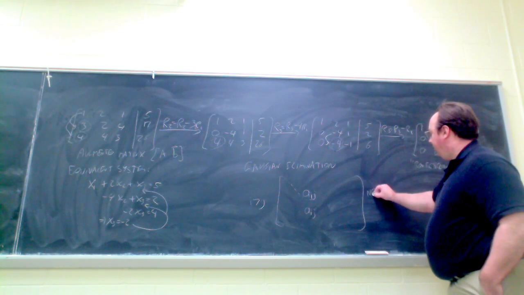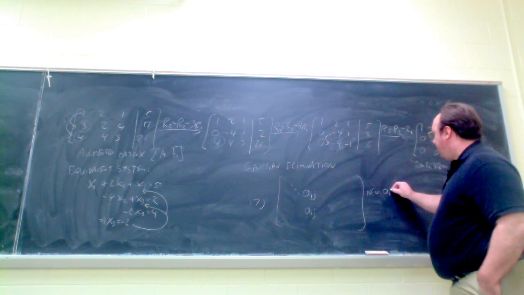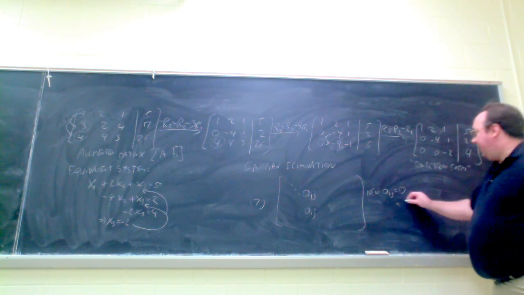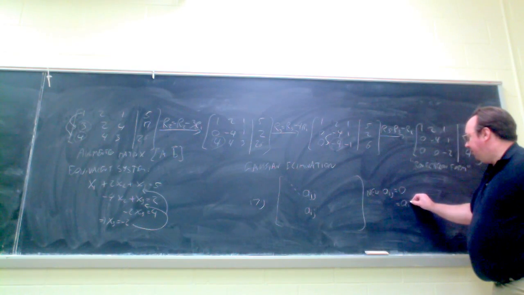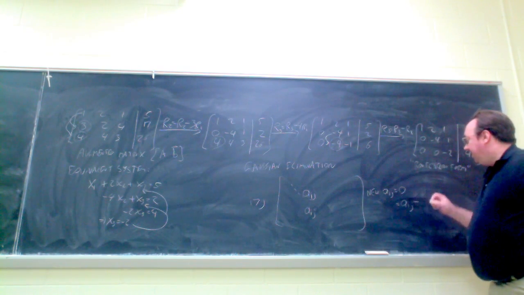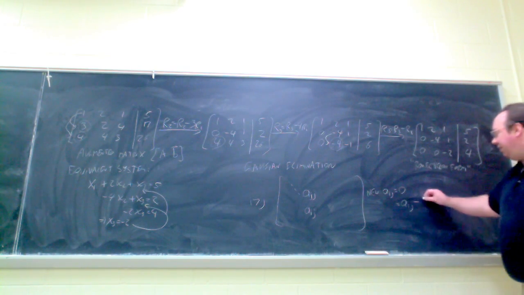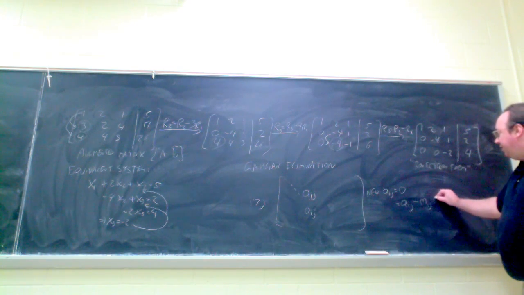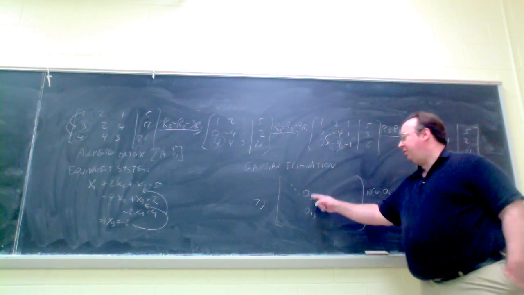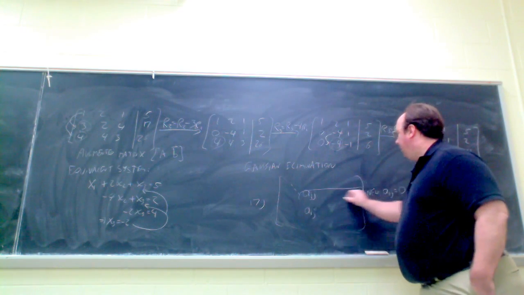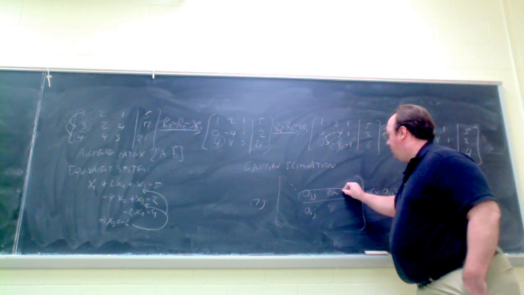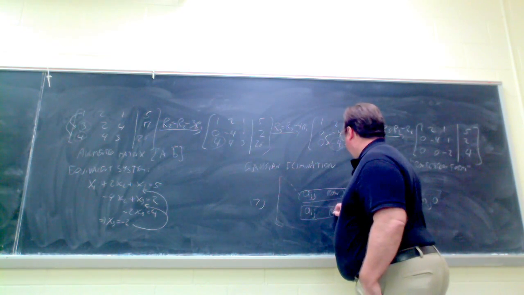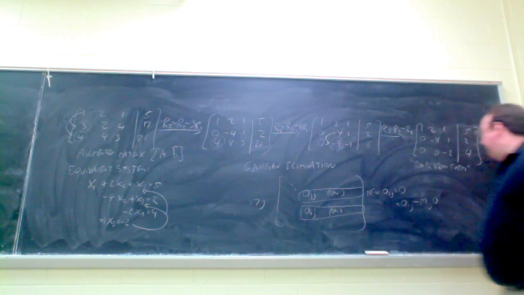So our new A_ij, which is supposed to be 0, is given by taking the entry itself and subtracting some multiple, which I'll call M_ij, times the diagonal entry, because it's row j, some multiple of which is being subtracted from row i.